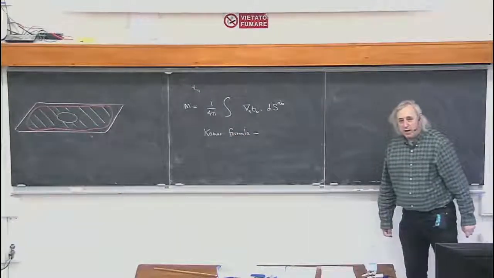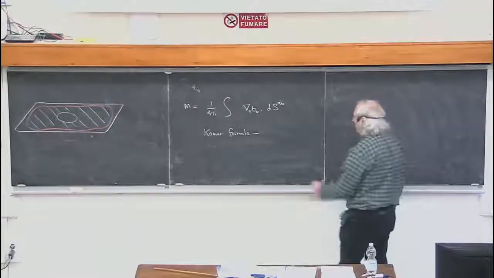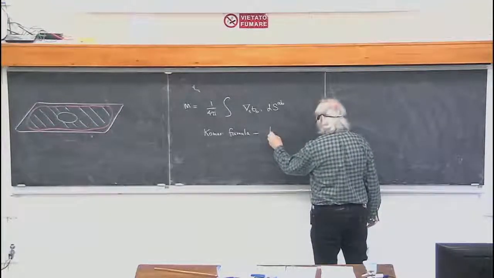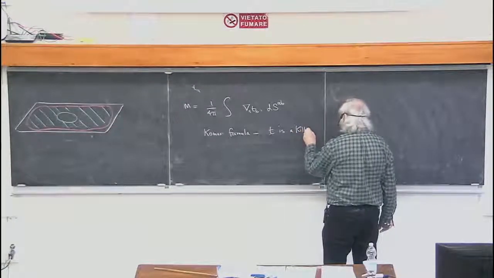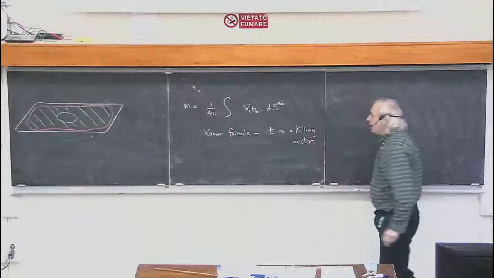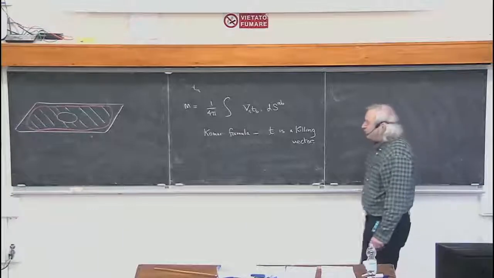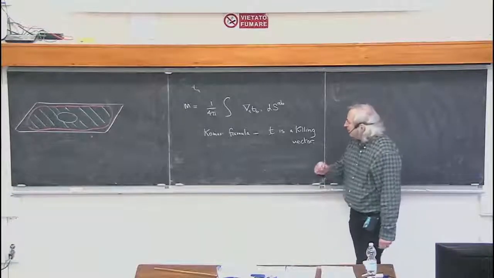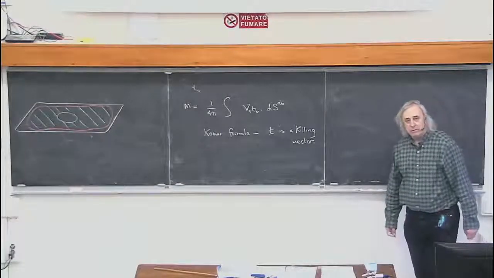The fact that it's a Komar formula reflects the fact that T is a Killing vector. In actual fact, that's unnecessarily restrictive. Another way of viewing the same thing is that if you just use Noether's theorem, you can write down an identical looking formula for T being any vector field.